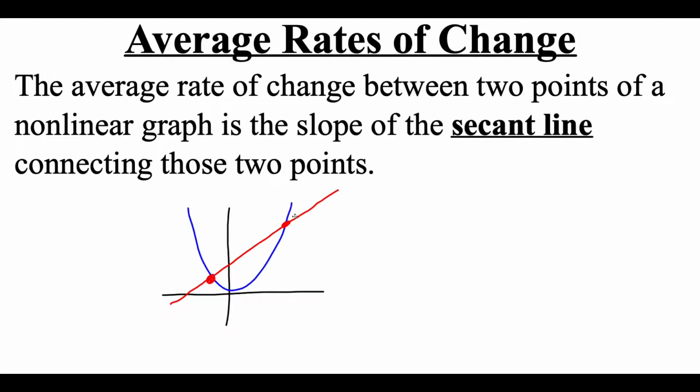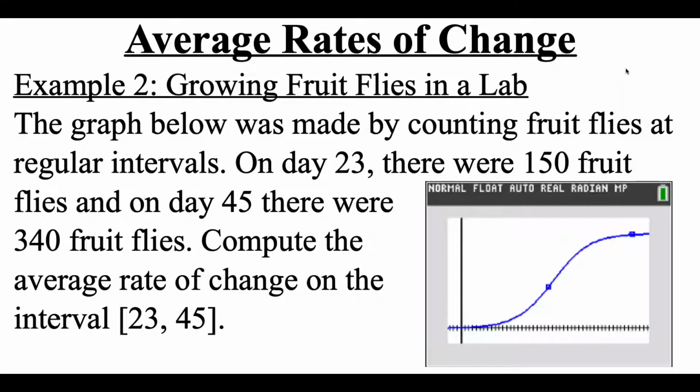So taking a look at this example, we are talking about growing fruit flies in a lab. So the graph below was made by counting fruit flies on regular intervals. So on day 23, we counted 150 fruit flies, and on day 45, we counted 340 fruit flies.